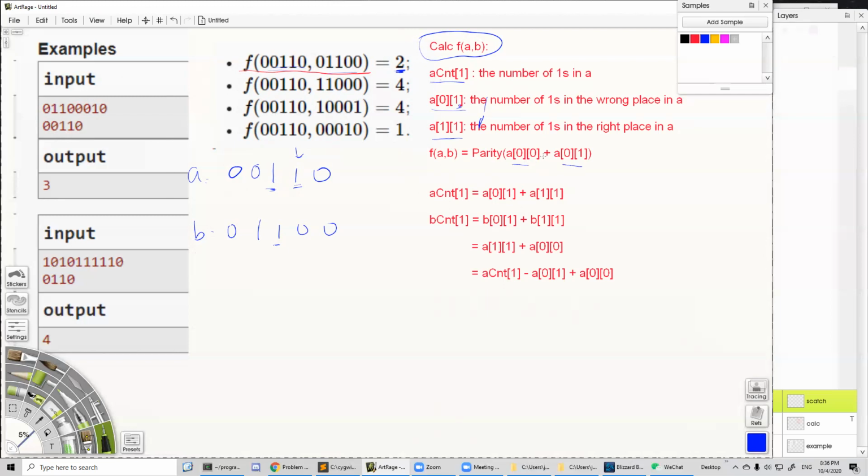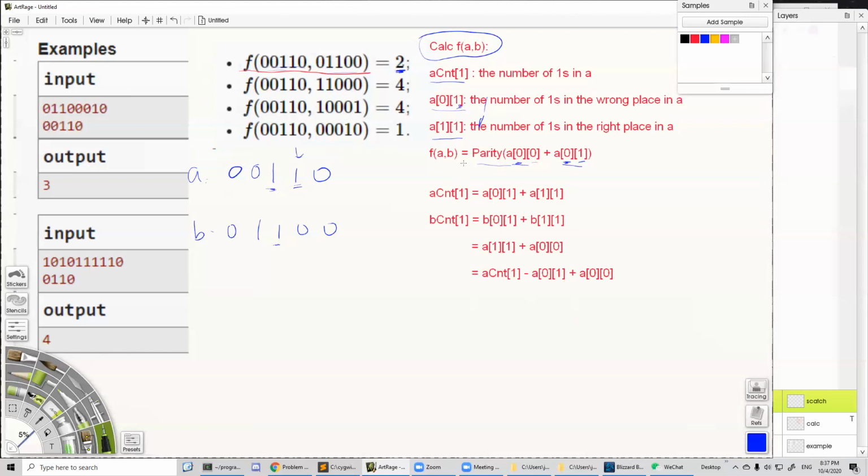So it means the zeros in the wrong place and the ones in the wrong place in A, right? If we add them together, its parity is the same as the function's parity, right?